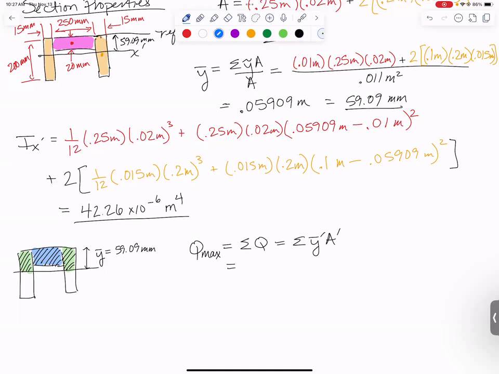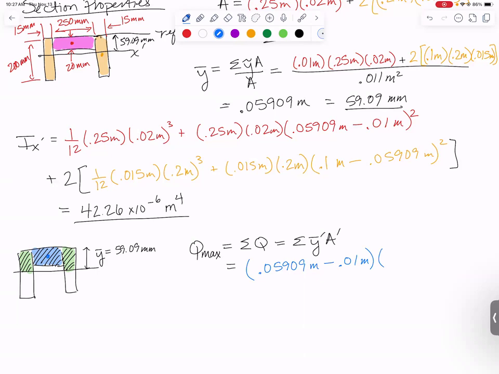So we'll have a blue one. Its y bar prime would be the distance between its own centroid right here and the centroidal axis of the whole shape. So its y bar prime will be 0.05909, that's the centroid of the whole shape, minus 0.01, which is 10 millimeters for the centroid of the little blue shape.